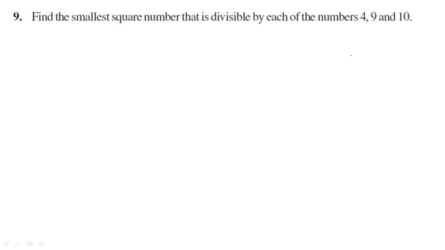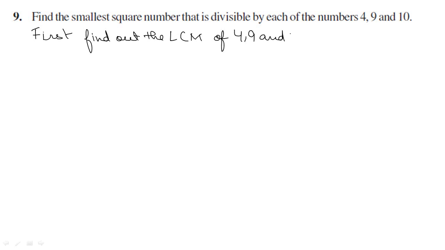So let's find the LCM of 4, 9 and 10 and then make that number a perfect square. Then you will get the smallest square number. So let's first find the LCM of 4, 9 and 10 to get the smallest number that is divisible by them.